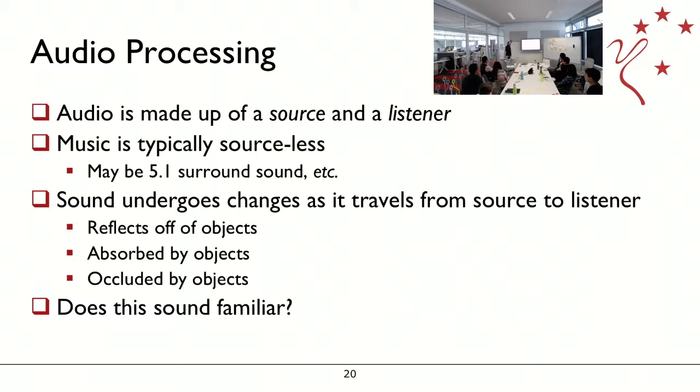These panels absorb sound, so when I speak to this panel, the sound gets absorbed and won't reverberate, which should make your experience better because you're not hearing this echo chamber effect. So you have some things that reflect, some things that absorb, and some things that occlude sound. Occluders will change the sound as it goes from the source to the listener.